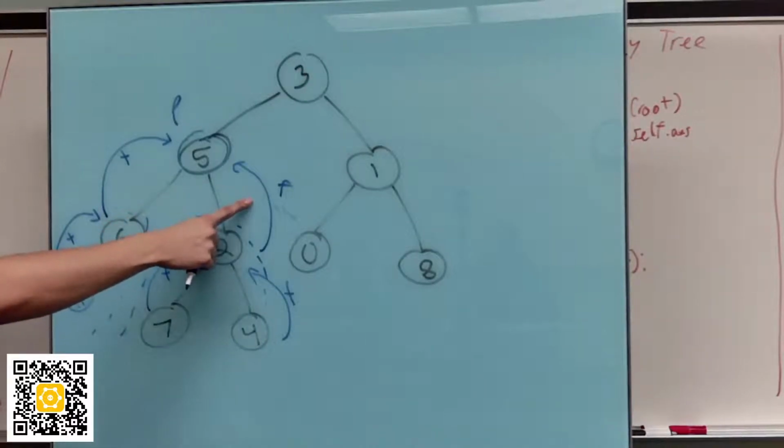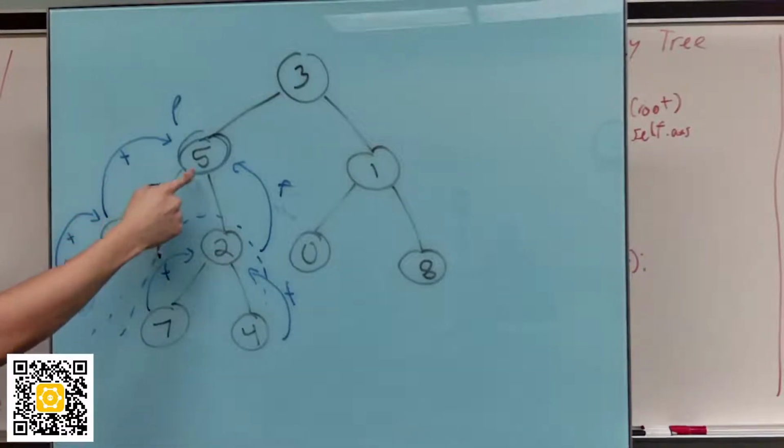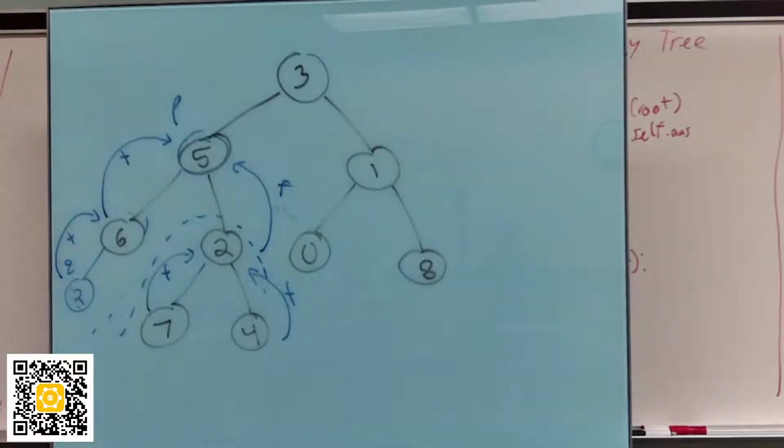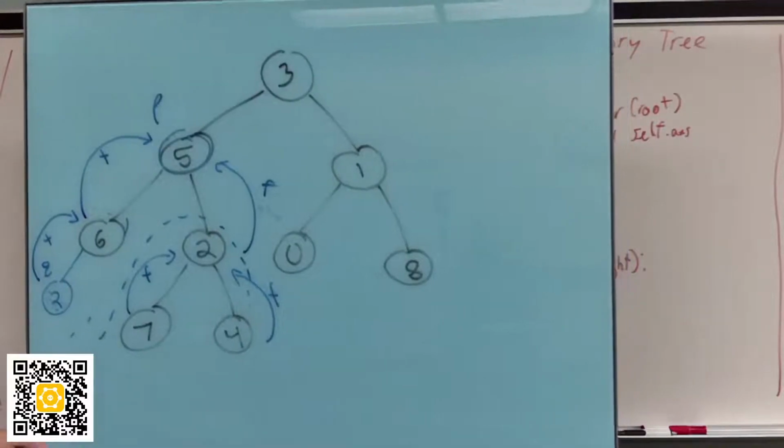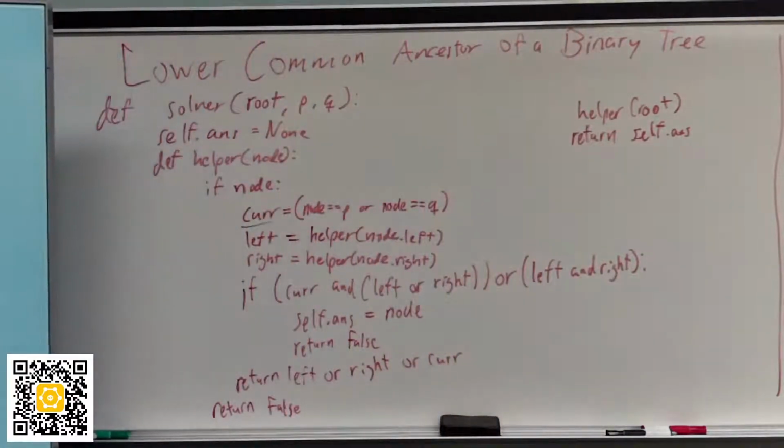What was right? But it's ORing with left, which was true. So that's that other case. And because of that, we override self.ans to be this. And this is the lowest common ancestor of P and Q, which just so happens to be P itself. Okay, so that's the explanation for that part. I think this covers this question.